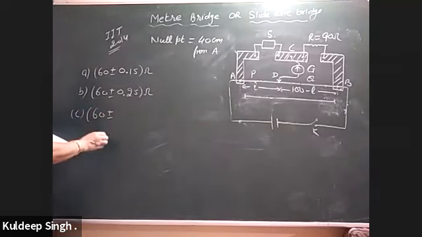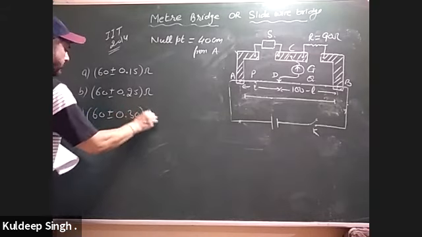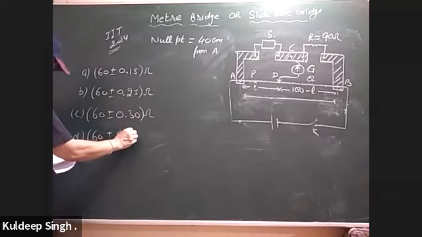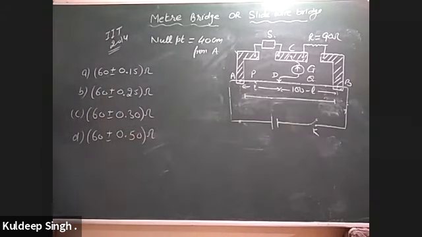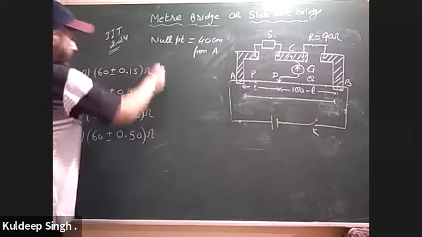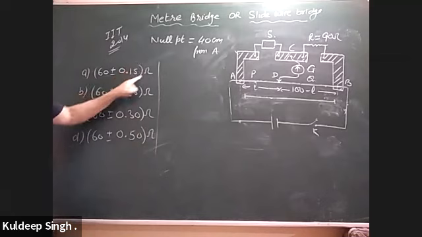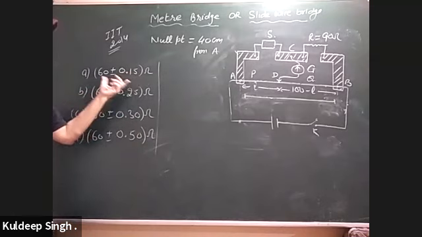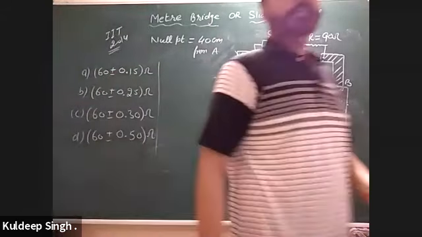C is 60 plus minus 0.30 ohm and D is 60 plus minus 0.50. So these are the 4 options. Because I have written ohm outside the bracket, naturally it is the absolute error.